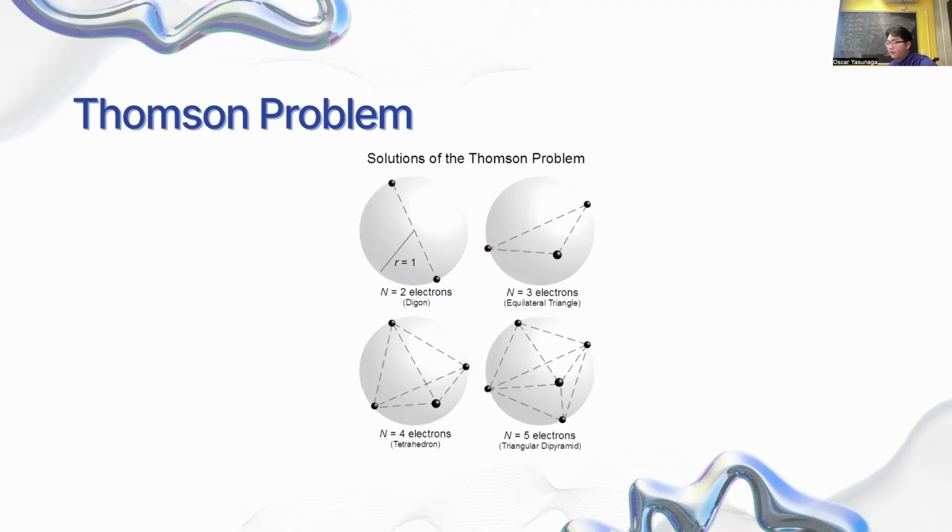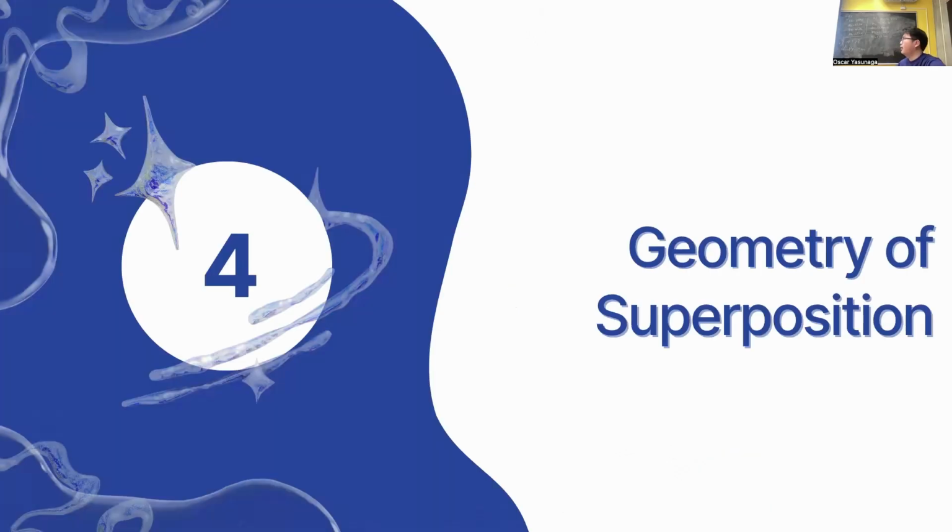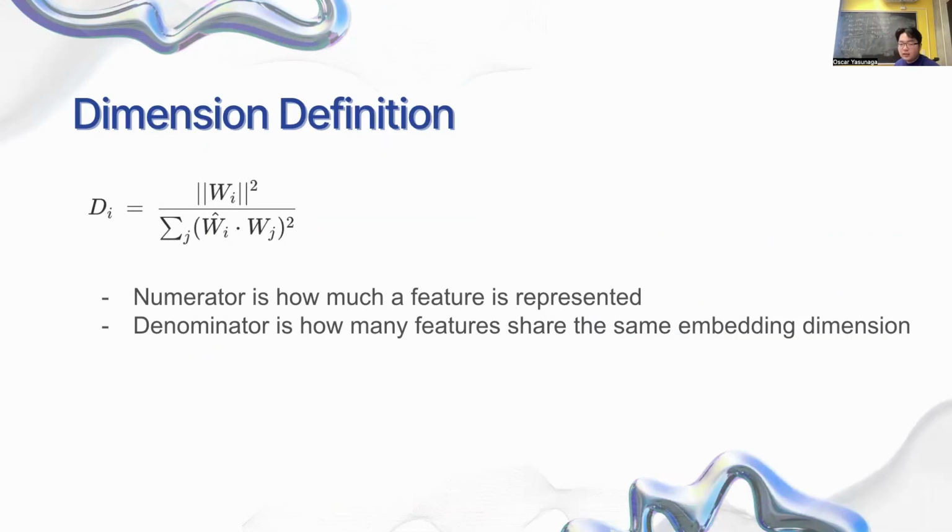And so under this lens, do we see something similar occurring with the uniform sparsity case of our network? And this is what we look into, the geometry of superposition.